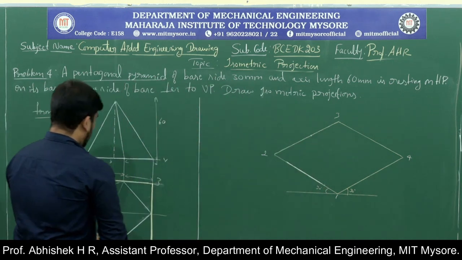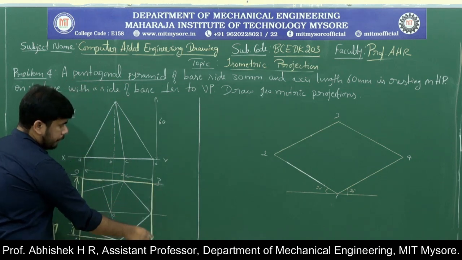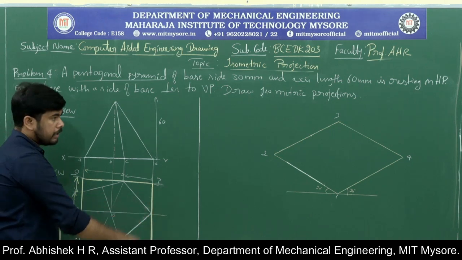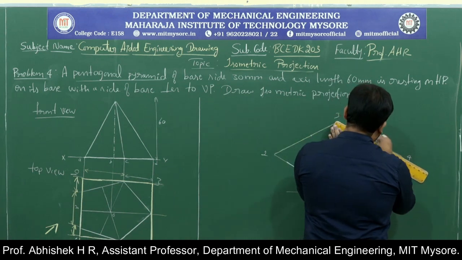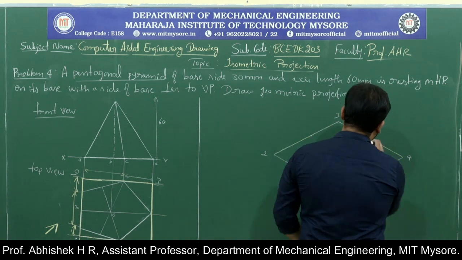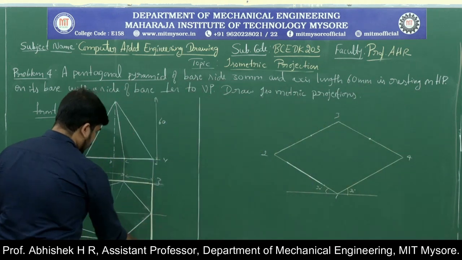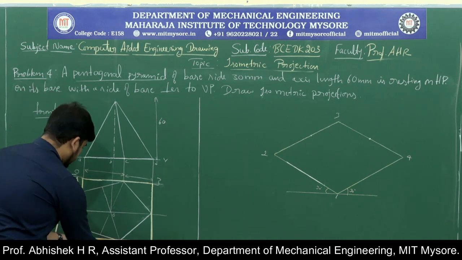Okay. Now 3 to 4, again we have two equal sections. We don't have uneven sections here, we have equal sections. So we can directly take the midpoint here. Okay, I have marked that. Next, again 4 to 1. The 4 to 1 dimensions are different.